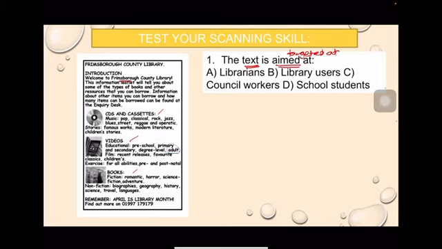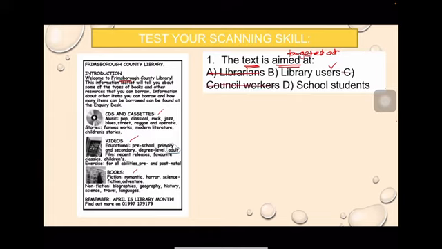Yeah? So, like I said just now, the librarian is less likely because they are supposed to prepare this information for us instead of we get it from them, right? We get it for them. Library users, yeah. Council workers, if they need the resources, yes.